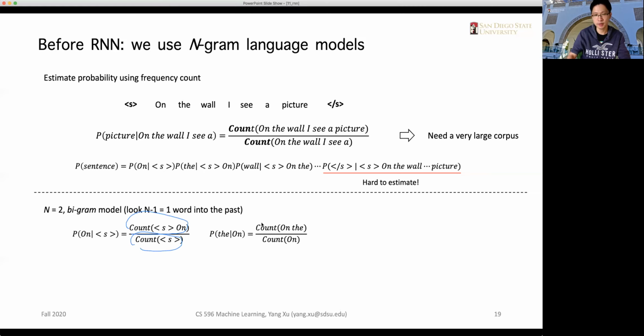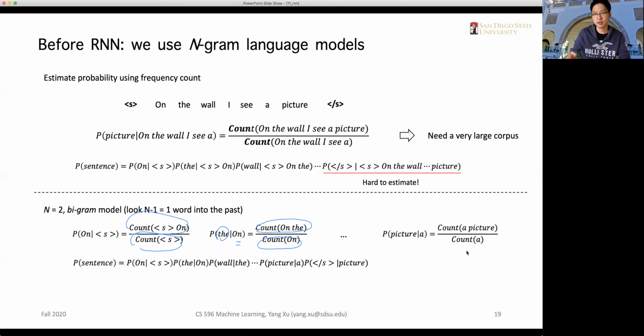And the probability of the word "the" is the count of "on the" divided by the count of "on." Okay, so we just use one word as the context, not all the previous words. And for the last word, the probability of "picture" is conditioned on the one previous context word, which is "a." Okay, "a picture," right? Divided by the count of "a," instead of going back to see the word "see," "I," and so on.